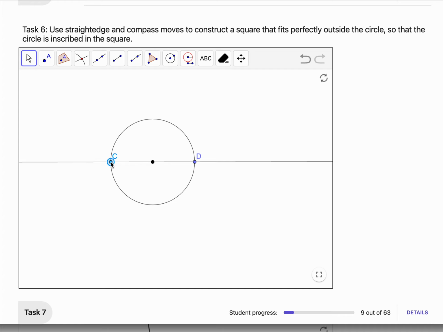And if we want to draw a square that's going to be on the outside edges of this circle, then it's got to hit the edge right at that point, either both C and D, which means that the length of this side up here is going to be the same as C to D.